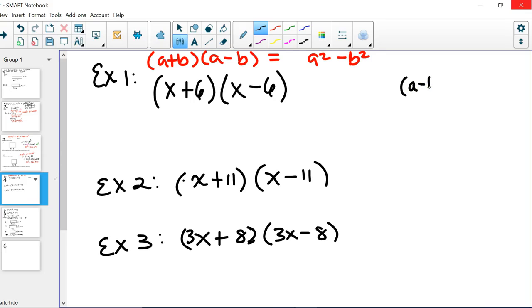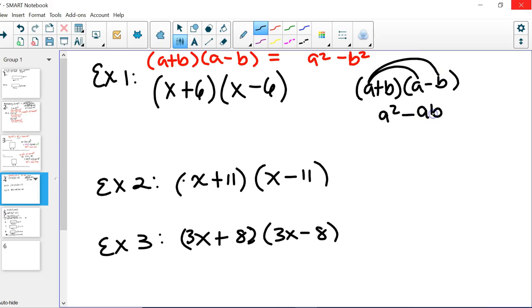I'm just going to show you how we get that. If we were to multiply it all the way out, you say a plus b times a minus b. You want to multiply the first one, a times a, that will be a squared, plus a times minus b, that will be minus ab.